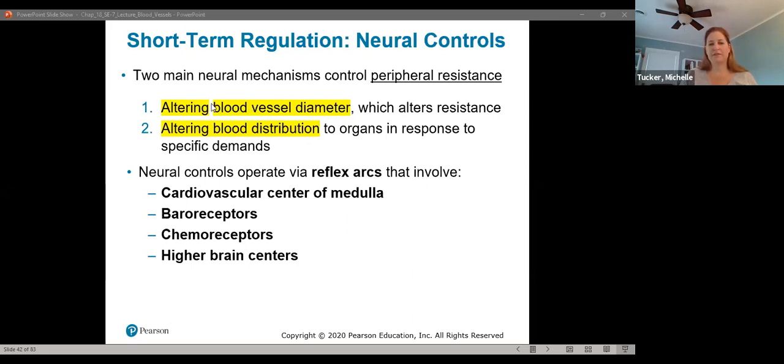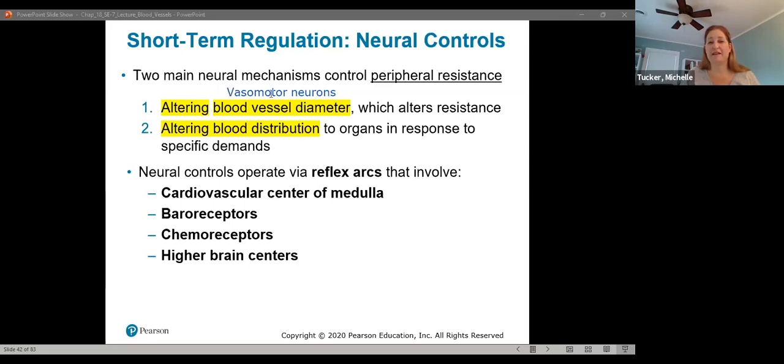So there are vasomotor neurons that control blood vessel diameter. So that is the neural control.